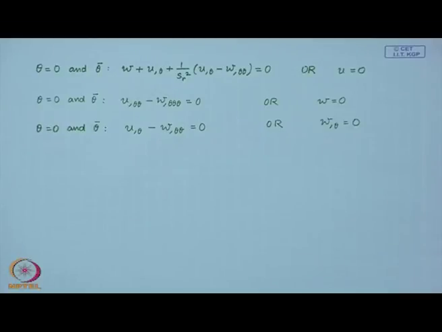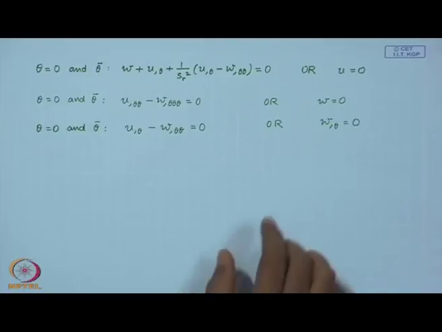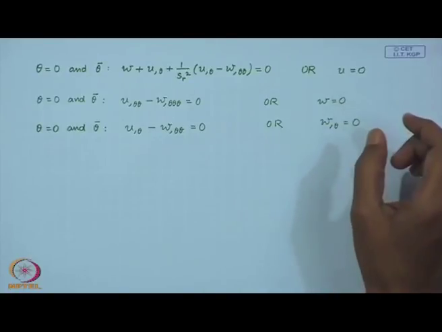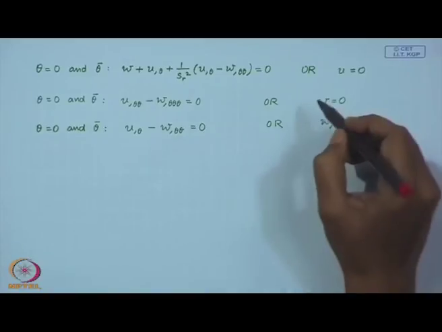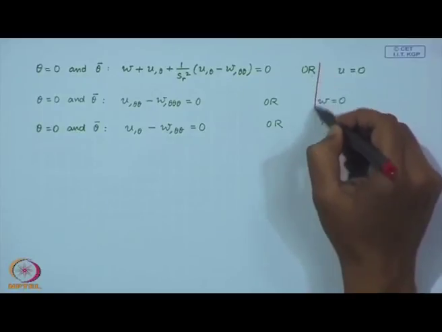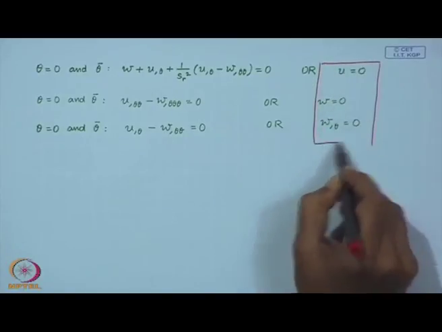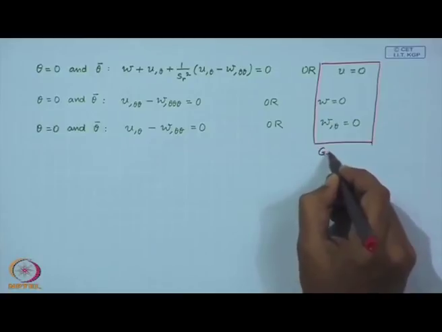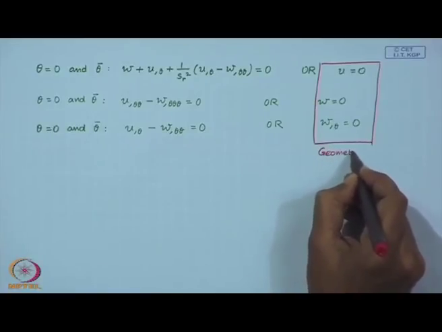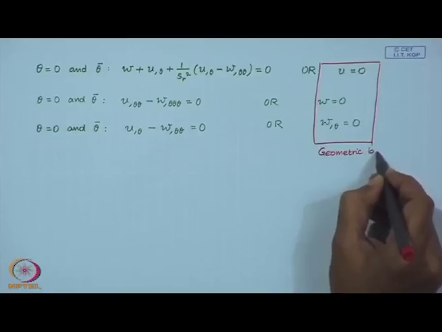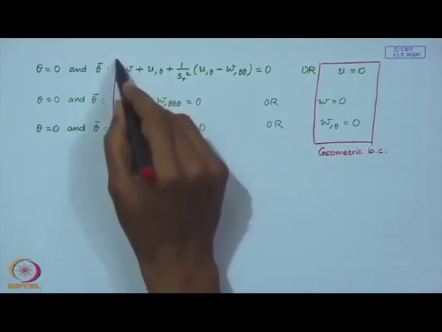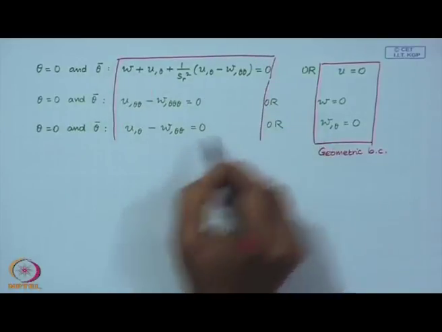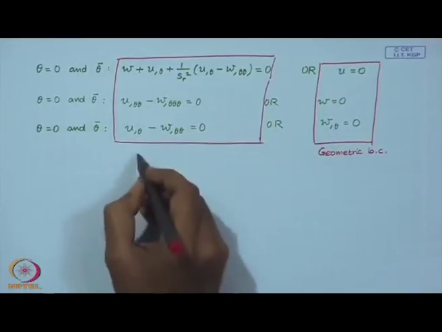So, you have these boundary conditions. So, these are the geometric boundary conditions, whereas these boundary conditions are the natural boundary conditions.